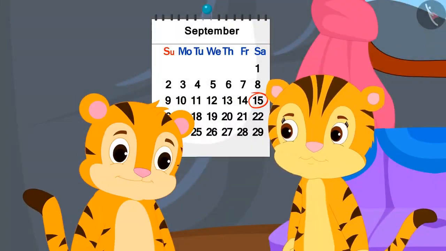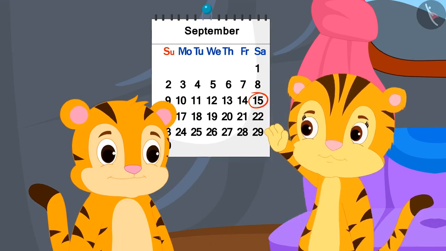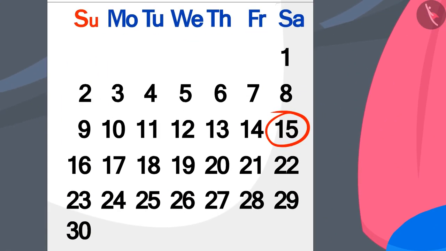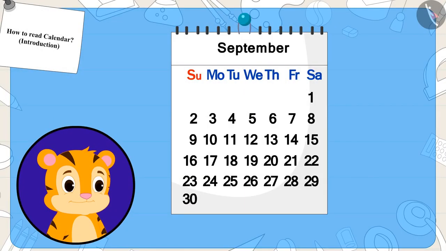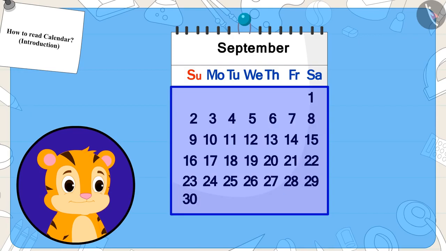Sher Khan's mother showed Sher Khan the date of the magic game on the calendar. Now, Sher Khan started thinking that days were written in this way in the month. But he could not understand why only the names of the day were written above. Do you know the reason behind it?